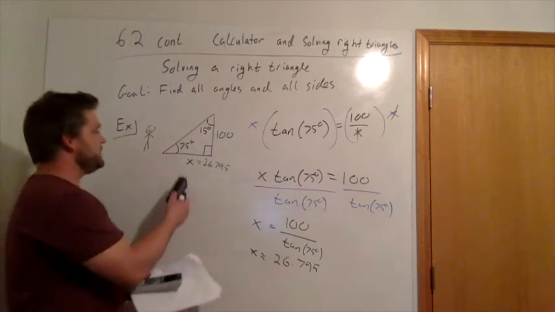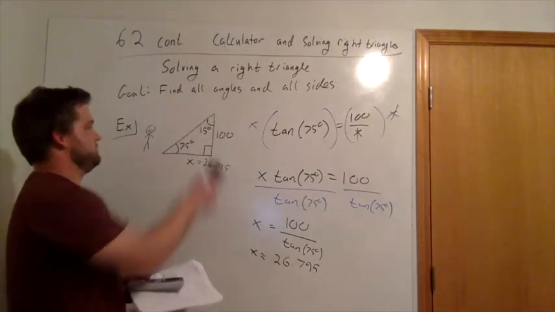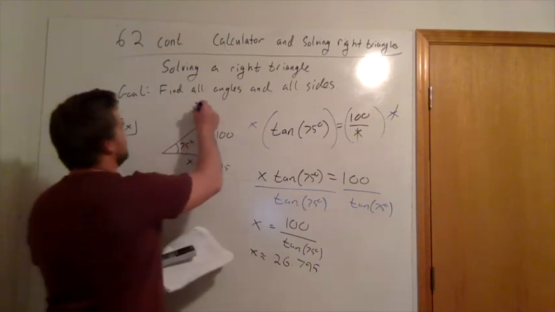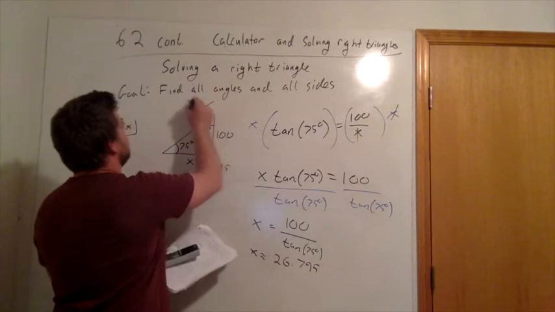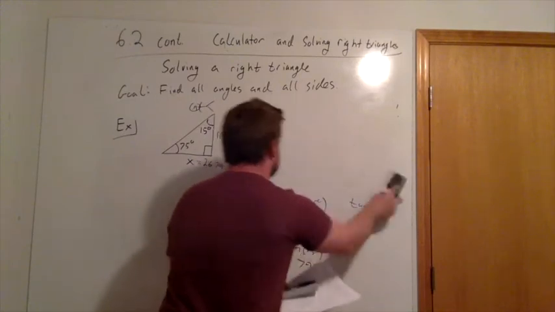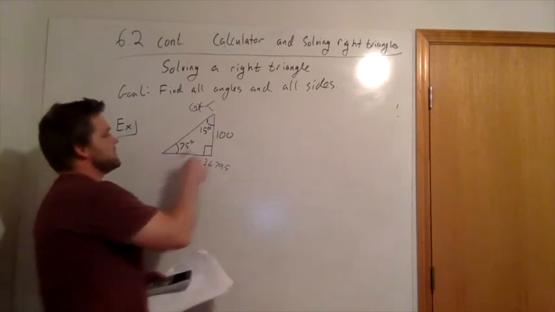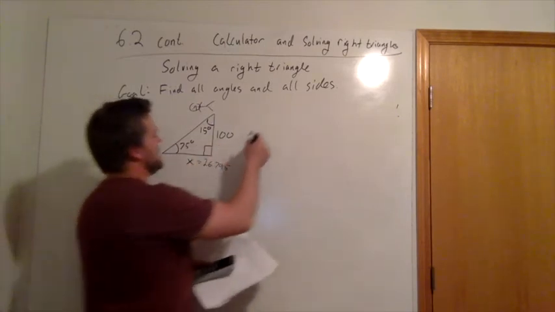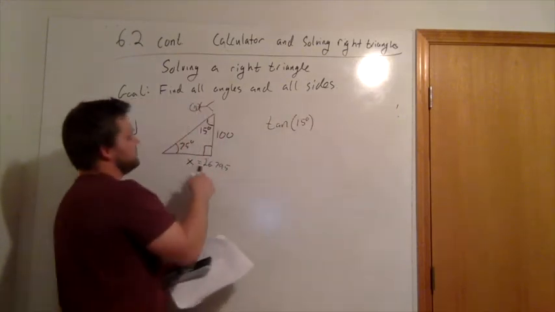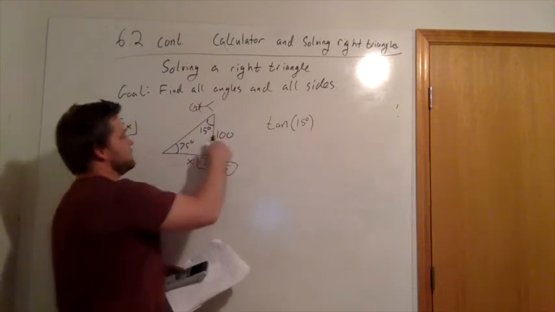So for fun, we didn't have to stand at 75 degrees. We could have also stood at 15 degrees. So let's just try this a different way. Let's say you're trying to find x, but maybe you were thinking about standing here. So if we're standing here now, instead, this becomes my opposite side, and this is my adjacent side. So the tangent of 15 degrees will be, in this case, assuming we didn't know this, x over 100.